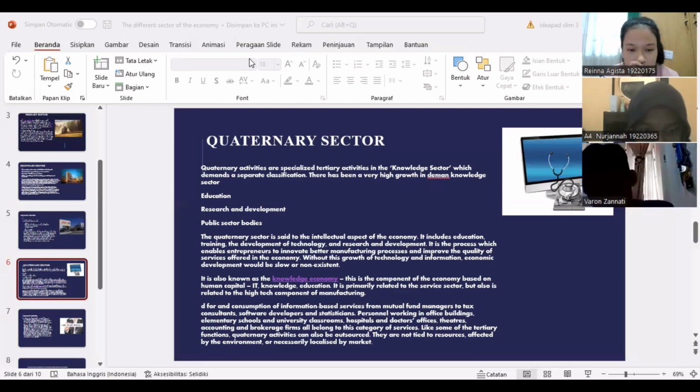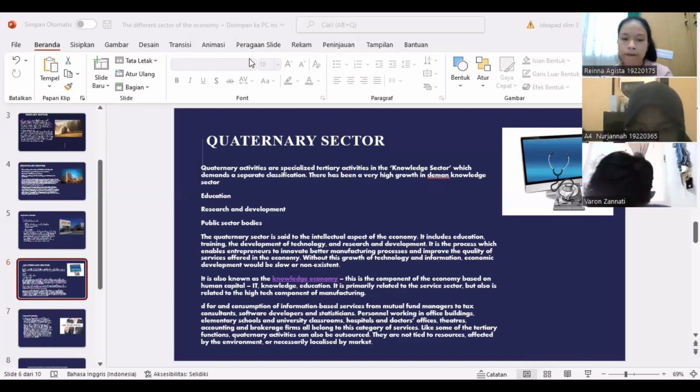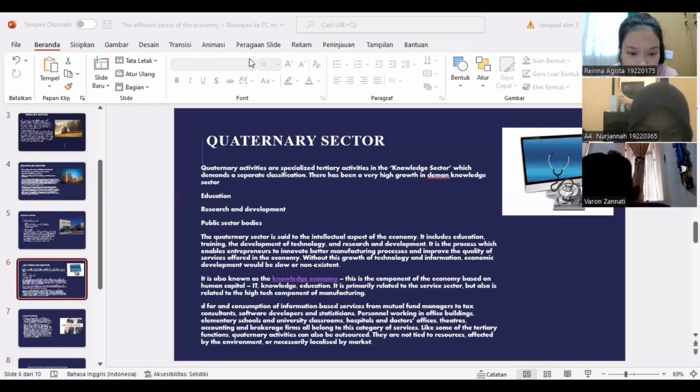It is also known as the knowledge economy. This is the component of the economy based on human capital, IT, knowledge, and education. It is primarily related to the service sector, but also is related to the high-touch component of manufacturing.